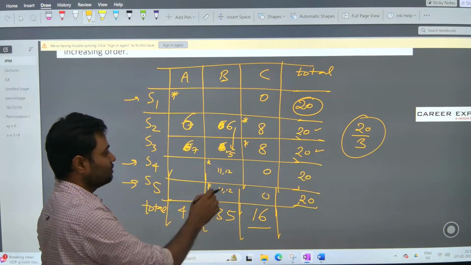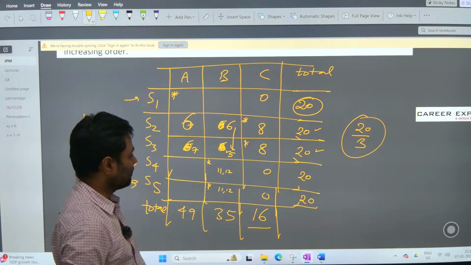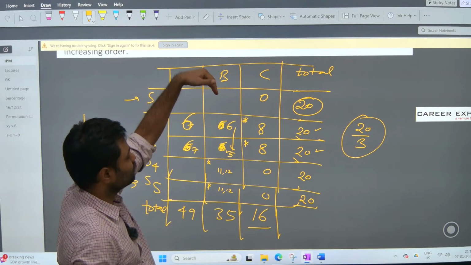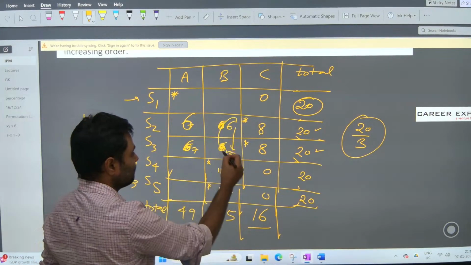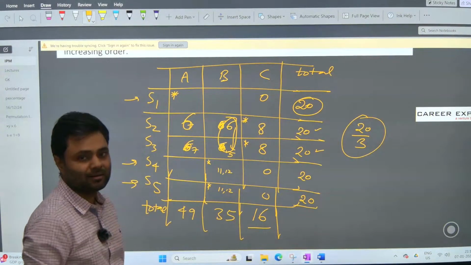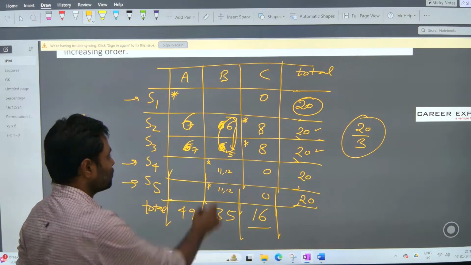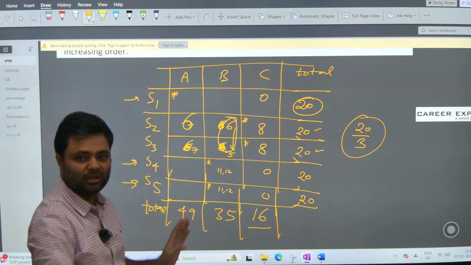So then also the condition is not met because the number of votes for B from S1 to S5 should go on increasing. So this 6 and 5 breaks that trend. So it has to be 5 here and 6 here. That is the only possibility.